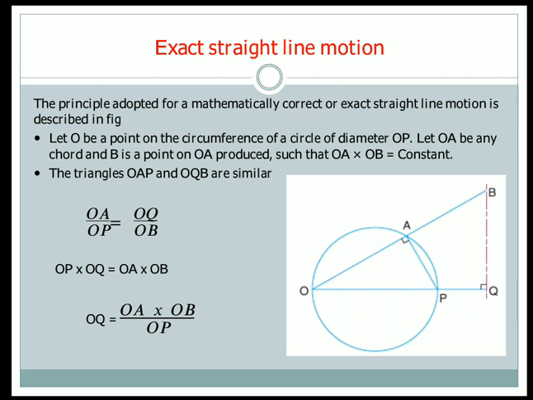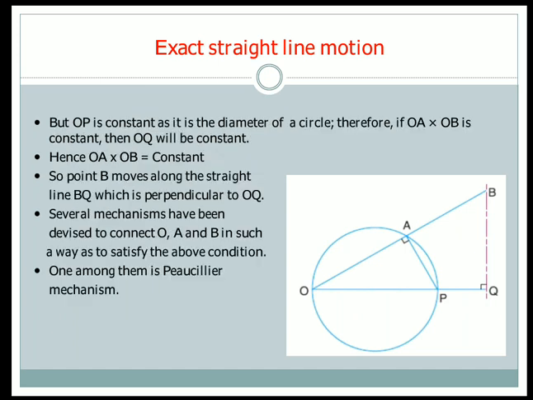Here OP is constant because it is the diameter of the circle. Therefore if we multiply OA into OB, it will be constant. Then OQ will also be constant. Hence OA into OB is equal to constant.